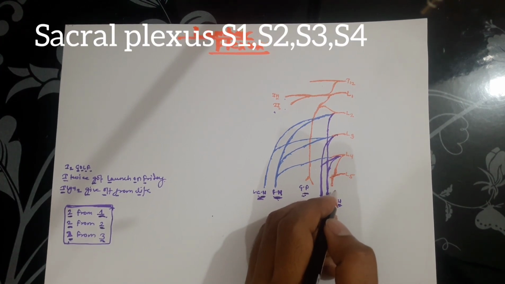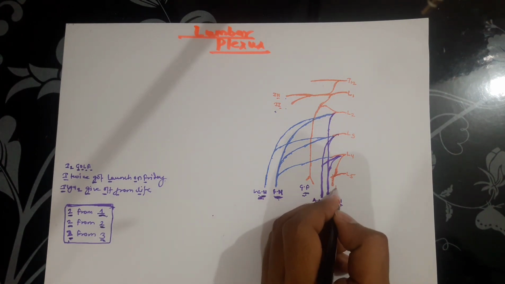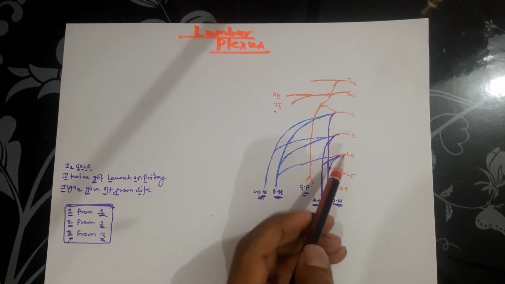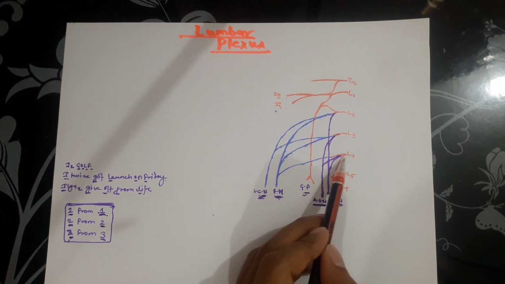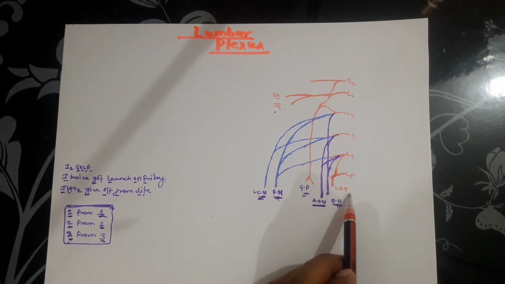The sacral plexus is formed by the union of the S1, S2, S3 and S4 anterior rami. So this is the lumbosacral trunk, which originates from the union of the anterior rami of L4 and L5, and later takes part in the formation of the sacral plexus, formed by the anterior rami of S1, S2, S3 and S4.